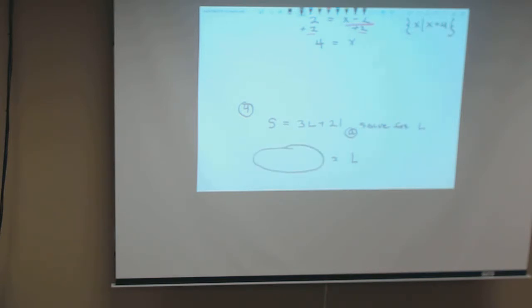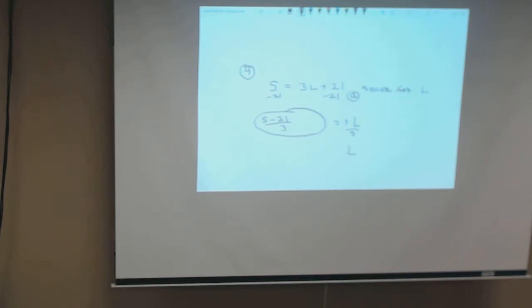So I go minus 21, and I have S minus 21 equals 3 times L. Then I divide by 3, and I divide by 3, and I get L equals S minus 21 over 3. Now, can you see? Yes.